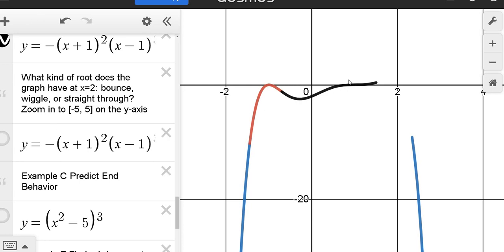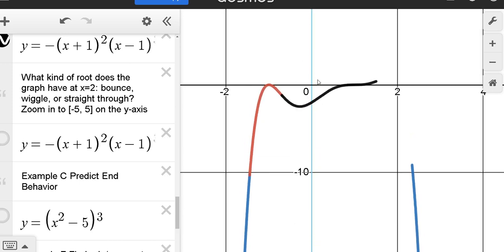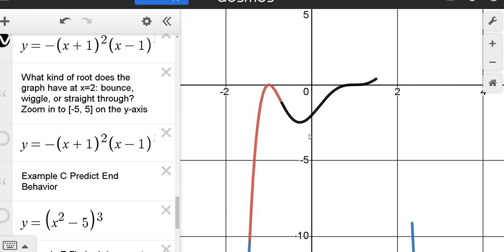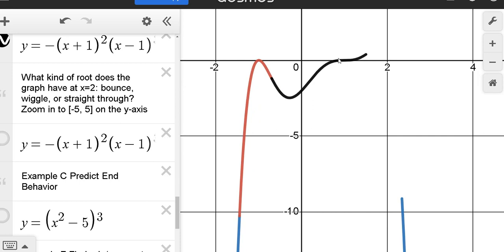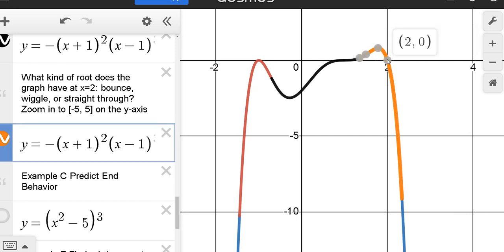And then finally, we've got this last one where it's going to go straight through. Let me zoom in a little bit so we can see more exaggerated that it doesn't just go straight through. The next one's going to go straight through, and I hope that you see the difference. So there's your straight through. Notice that it doesn't play along the x-axis for a little bit. It doesn't bounce off the x-axis.